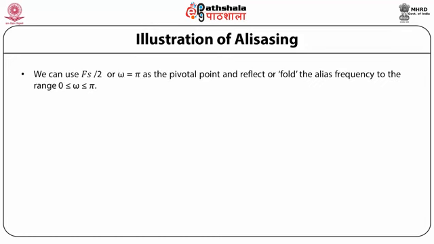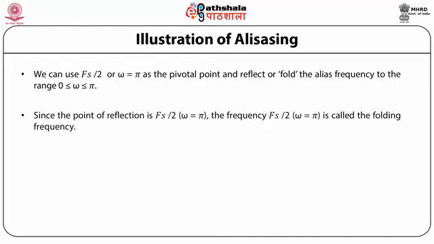So we can use Fs by 2 or omega equal to pi as the pivotal point and reflect or fold the alias frequency to the range omega varying from 0 to pi. Since the point of reflection is Fs by 2, omega equal to pi, the frequency Fs by 2, omega equal to pi, is the folding frequency.